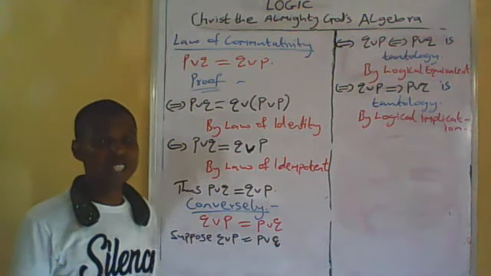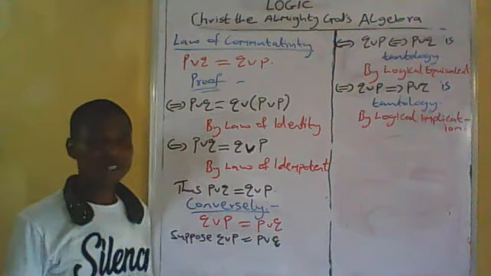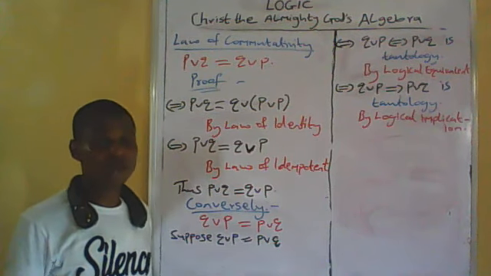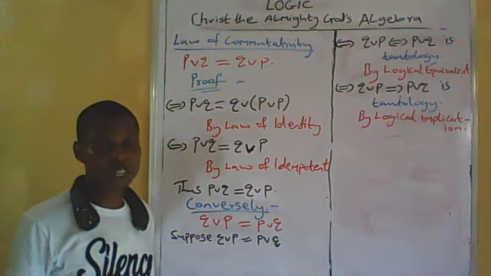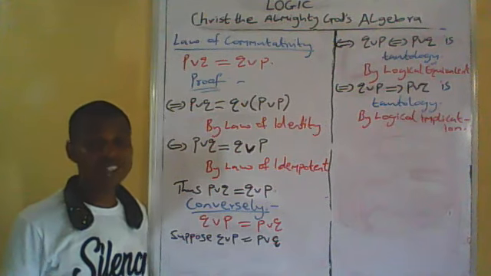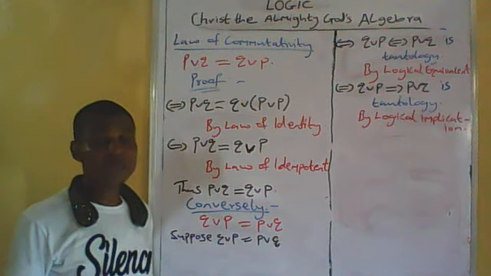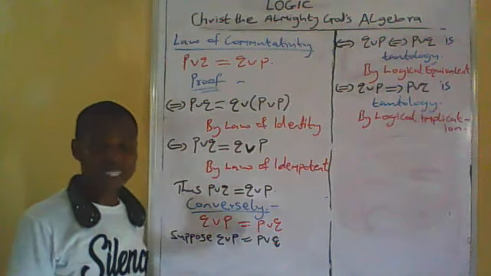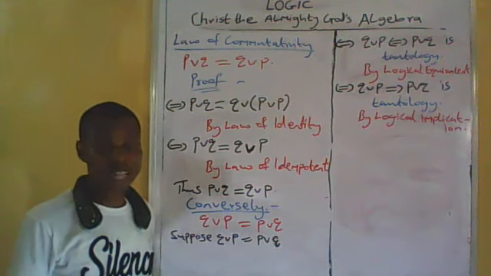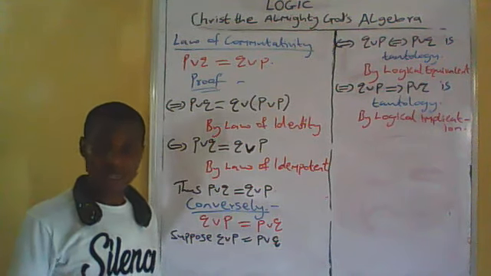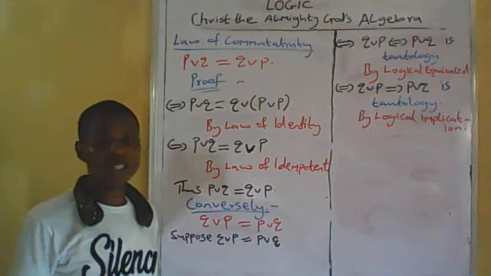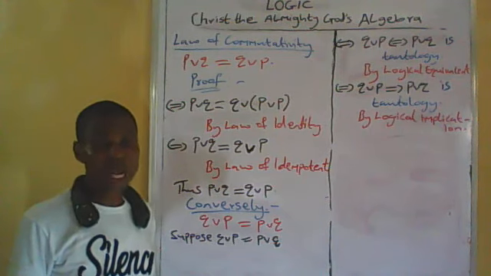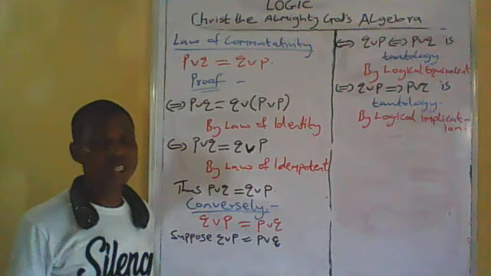We then deduce that the antecedent is a logical implication of the consequent P or Q. That means it is certain that the antecedent exists. So we say that the antecedent is a logical implication of the consequent.